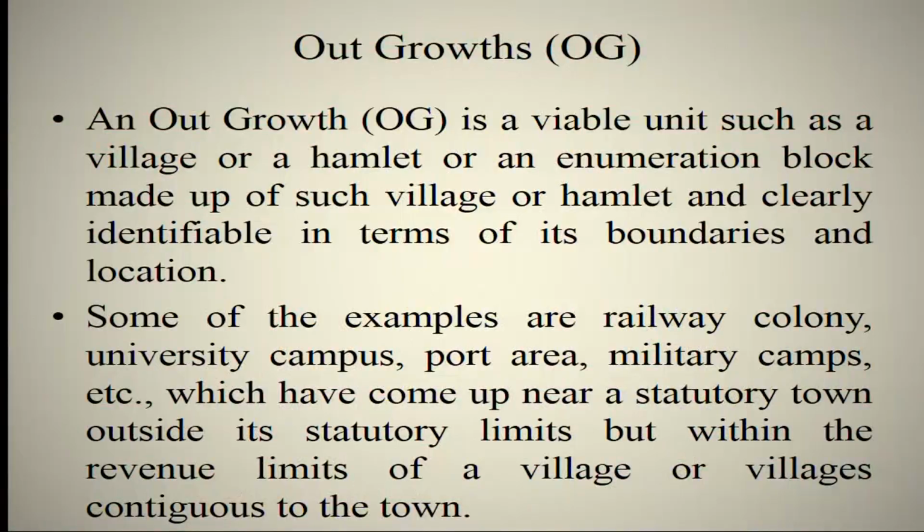Some of the examples are railway colony, university campus, port area, military camps which have come up near a statutory town outside its statutory limits but within the revenue limits of a village or villages contiguous to the town. These are known as outgrowths.